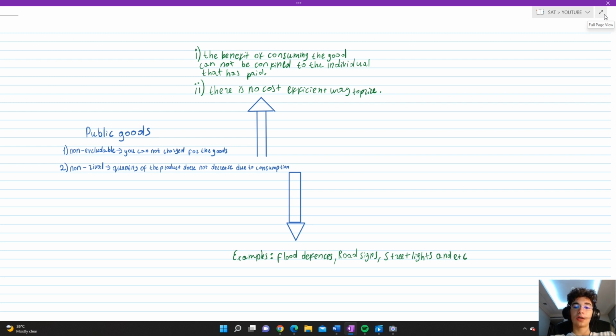I mentioned technology when it comes to making roads excludable, but technology certainly has helped in finding more cost-effective ways to price, and therefore maybe making pure public goods not public goods anymore, but maybe private goods. Very interesting evaluation there to consider.